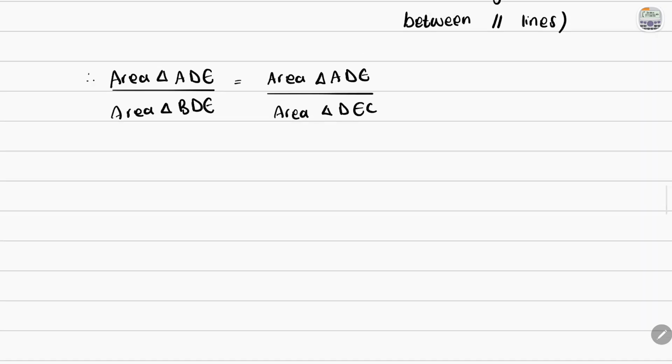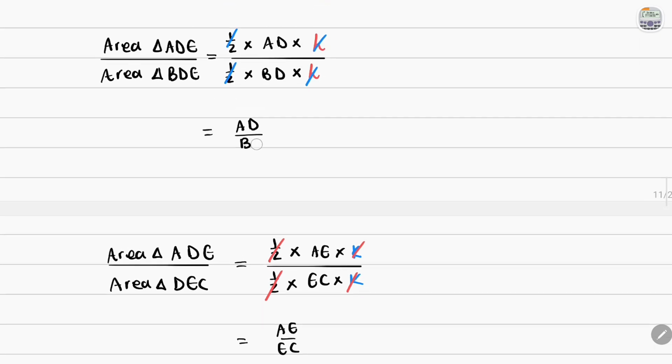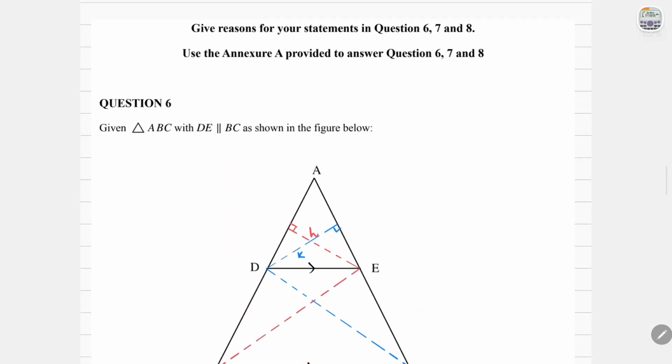And so it means that whatever they simplify to would also be equal. So that is AD over BD, or I could really have just called that DB since that's how it was written. So that is AD over DB, and that is equal to AE over EC. And that is how we prove this theorem. And that is it for question 6.